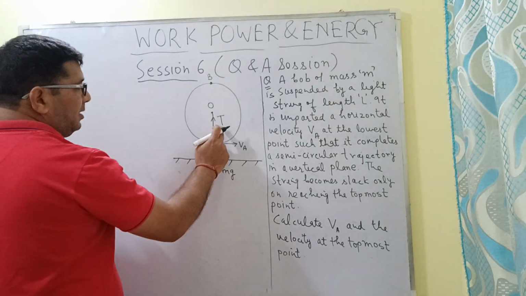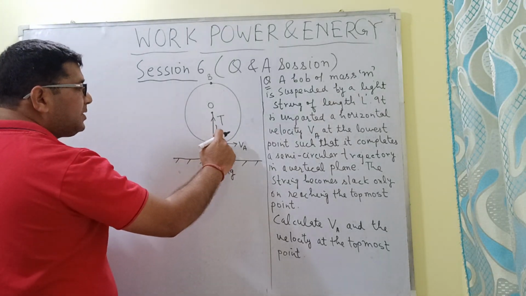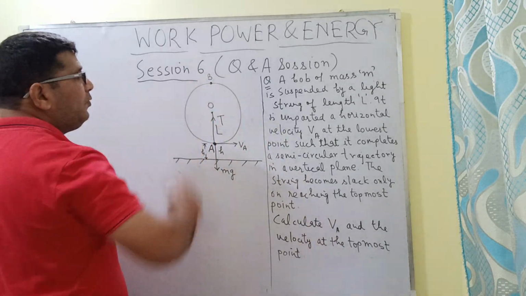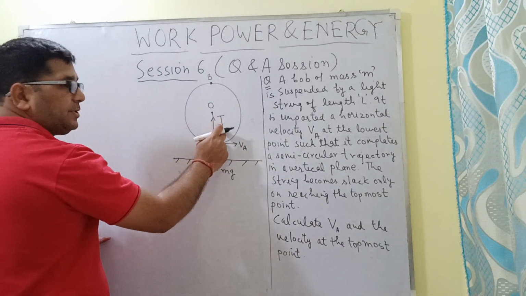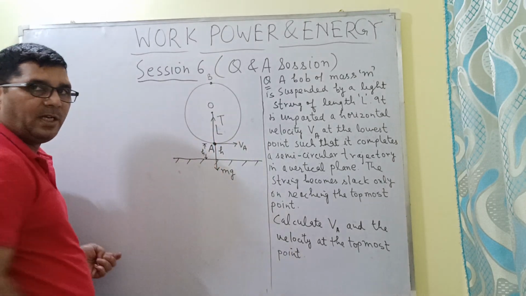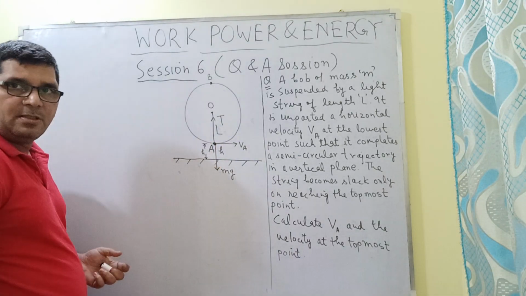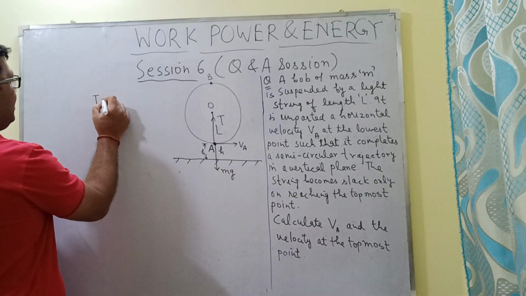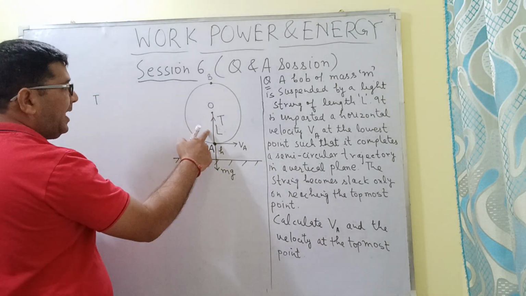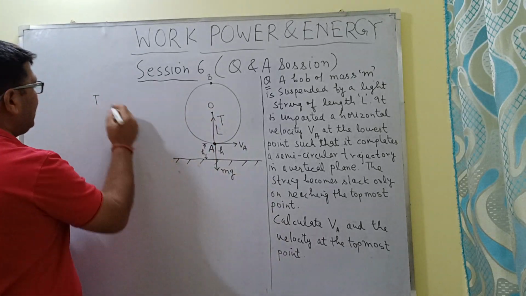So for this bob to move in a semicircular trajectory, this tension in the string will provide the necessary centripetal force. This tension will be acting in this direction, the weight will be acting in this direction.